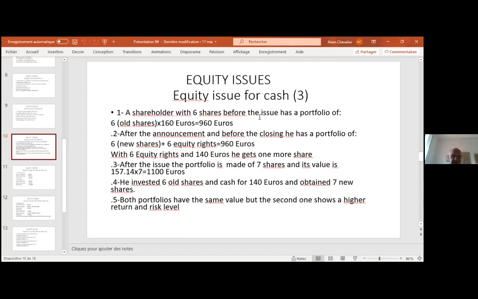So the conclusion is very simple. Both portfolios have the same value, but the second one, the portfolio only in shares, shows a higher return and a higher risk level. This is the conclusion we can have here.